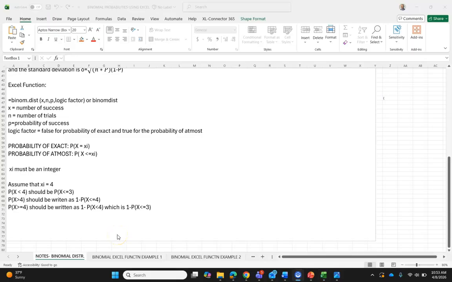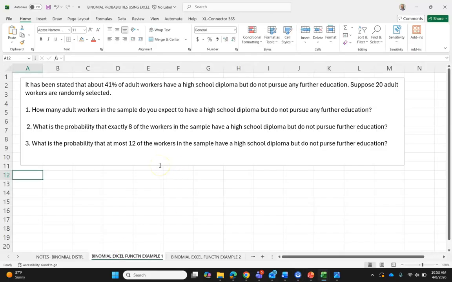Let us now try to work on some examples. The file that is posted has this example, which is binomial Excel function example number 1. Here is the question. It says it has been stated that about 41% of adult workers have a high school diploma but do not pursue any further education. Suppose 20 adult workers are randomly selected.